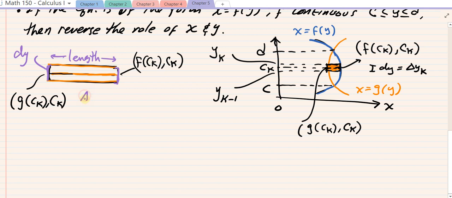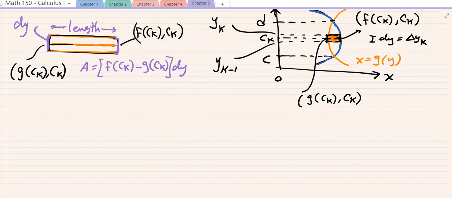So the area is going to be length times width. The length is going to be the right function, which is f at c sub k minus g at c sub k, times the width. That will give you the area of that rectangle.